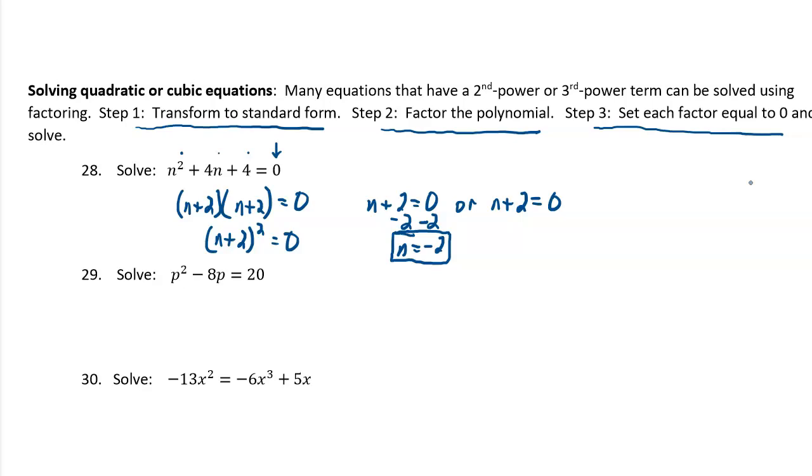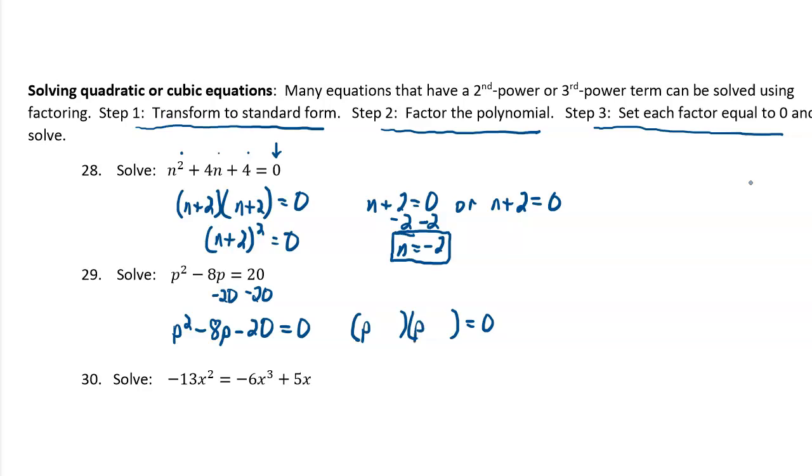Now question 29. This is not in standard form. You have to get a 0 on the right side, and that can be done by subtracting 20 from both sides. It's going to create p squared minus 8p minus 20 equals 0. Now step 2 is factoring. This is a trinomial, so it factors with 2 sets of parentheses.